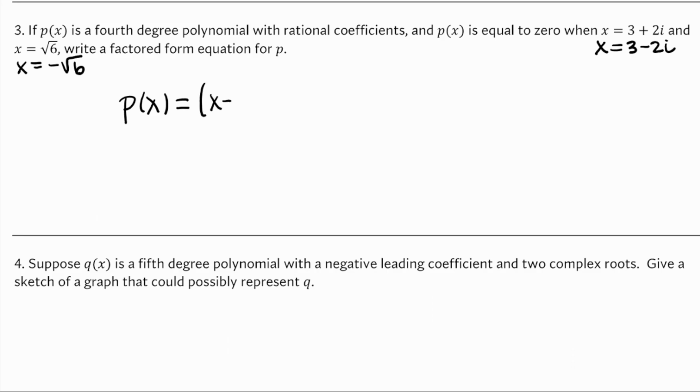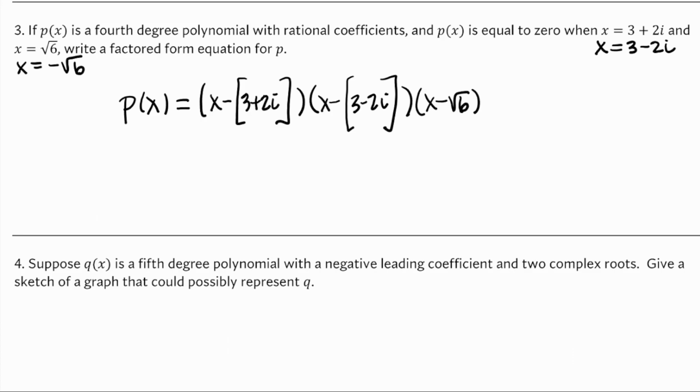It's going to be x minus 3 plus 2i times x minus 3 minus 2i times x minus the square root of 6 times x minus the negative square root of 6. And that's my factored form equation.